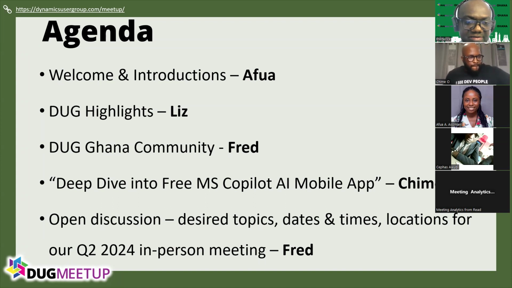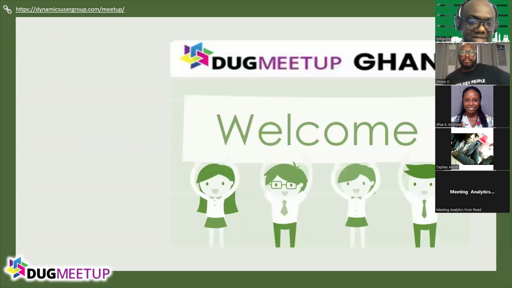Today we have Chime Okure, who is going to deep dive into how to use the free Microsoft Copilot AI mobile app in low code, and he will be leading us in that. After that, we'll have some open discussion concerning the topics and what we want to do in terms of the group for Q2, 2024 in-person meeting.